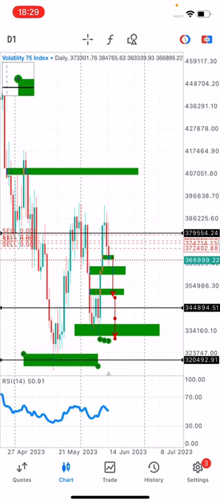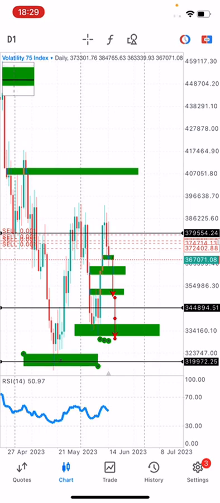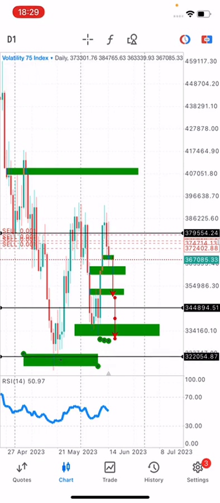This is where the market rejected previously. So you know that if the market doesn't actually reject from this level, then it must come and grab this liquidity here.